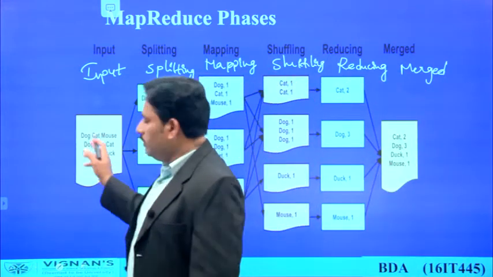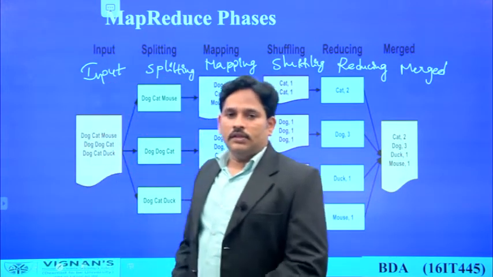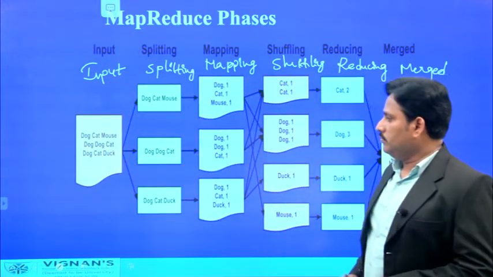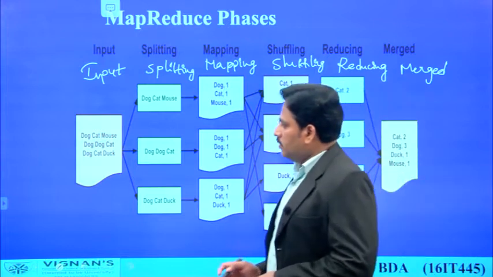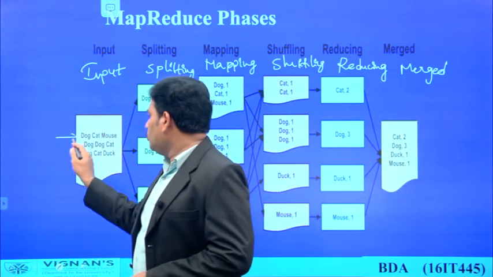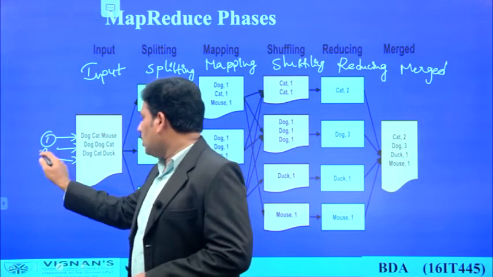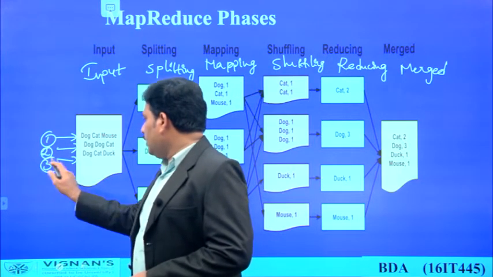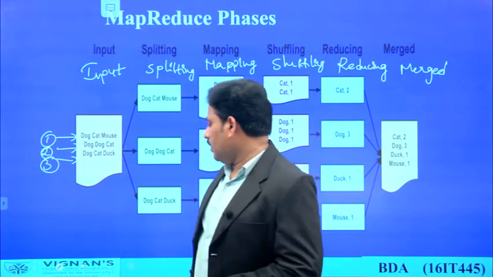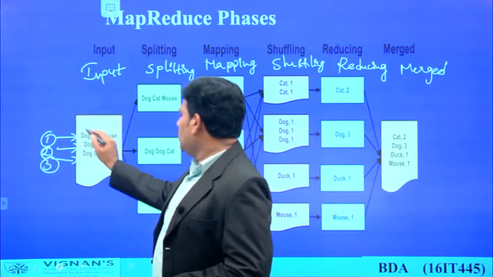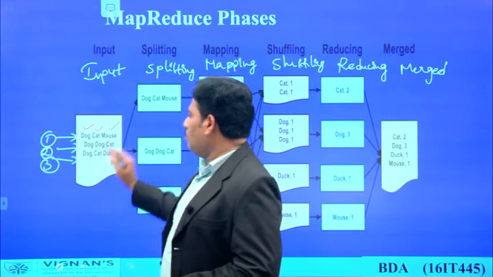So here the input is a text file. In this text file we are having some words. Let us take 3 lines, line number 1, 2 and 3. In line 1 we have 3 words: dog, cat and mouse.